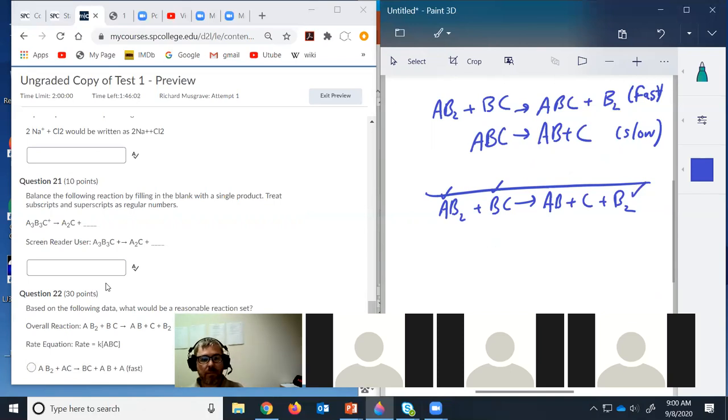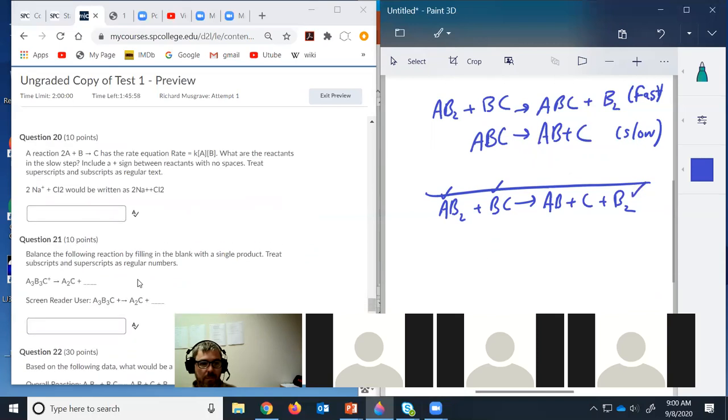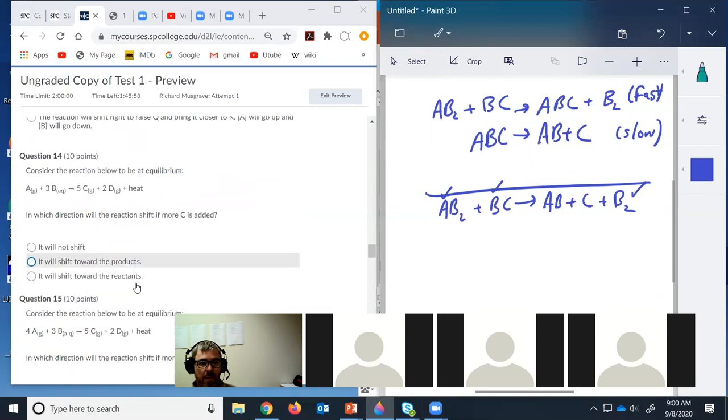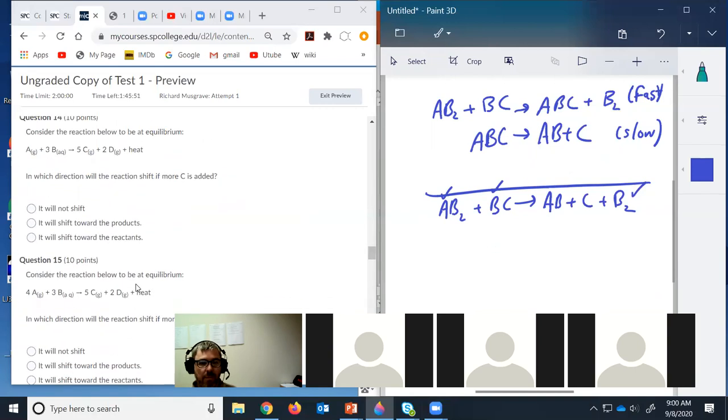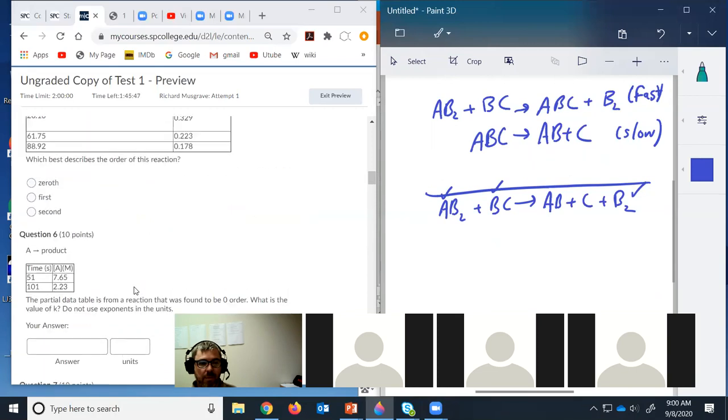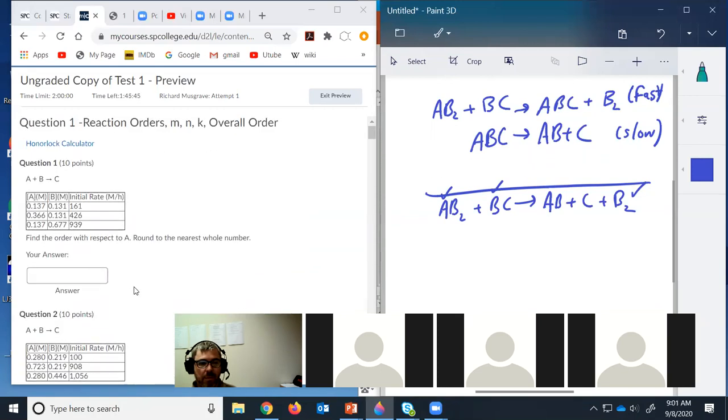I guess the final one would be calculating Q all the way at the beginning. Not Q, but K. Which one are you talking about? The one we did right before rate equations for single. I think it was part reaction 4.